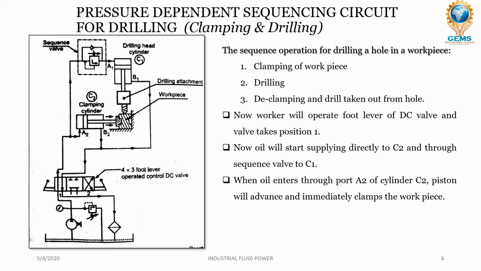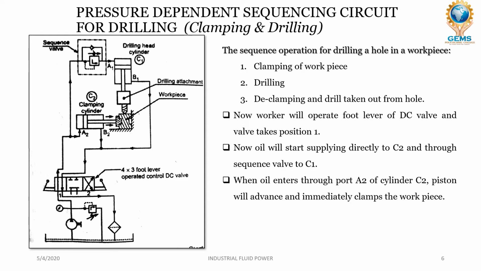Now let us see pressure dependent sequencing circuit for drilling. In drilling, we are going to see three operations: clamping, drilling, and declamping with the drill taken out from the hole. So these are the sequence of operations for drilling a hole in a workpiece, and this is the circuit used for pressure dependent sequencing circuit for drilling.